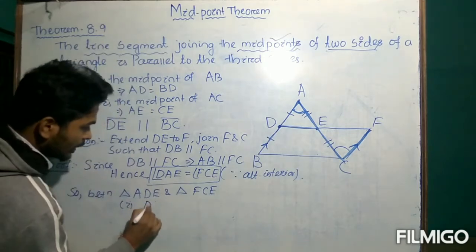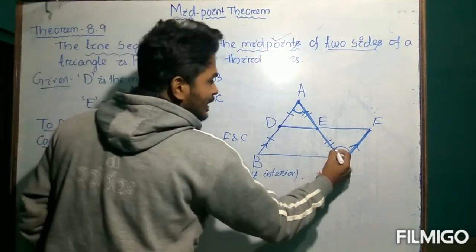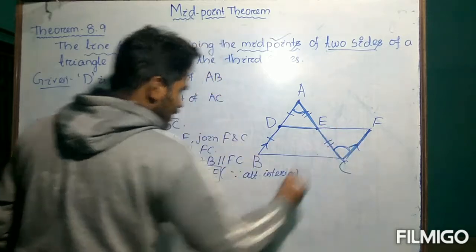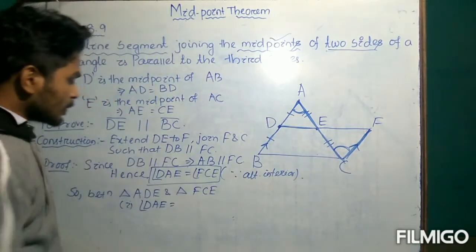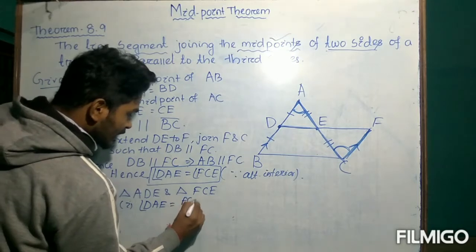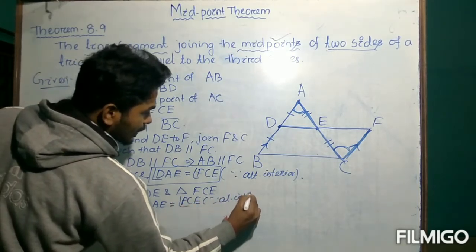DAE angle. DAE angle is equal to this angle of the triangle FCE. Yes or no? Yes, because we have already proved it, because they are alternate interior angles. So angle DAE is equal to angle FCE. You can write alternate interior.